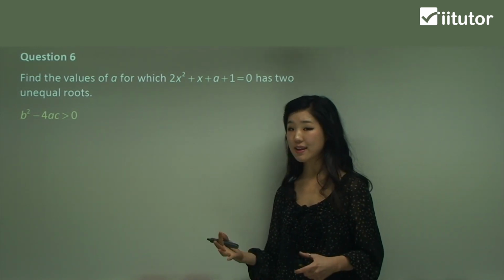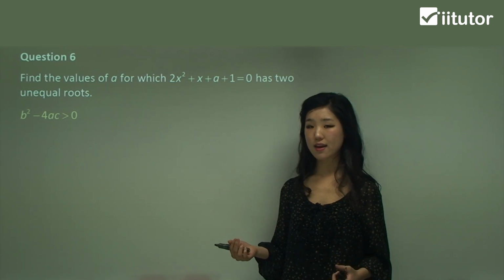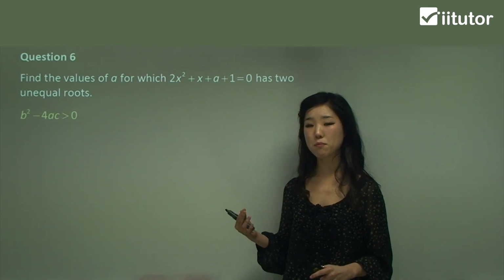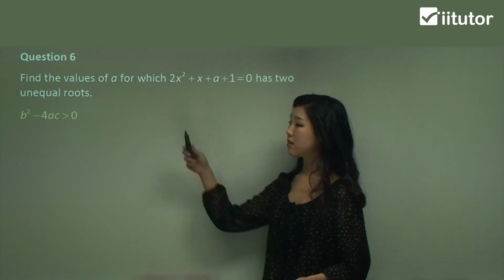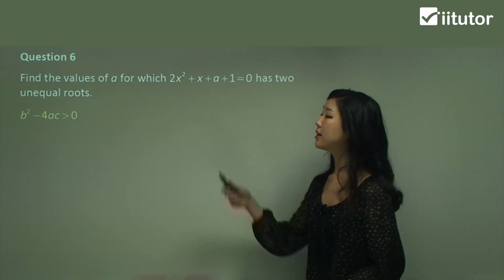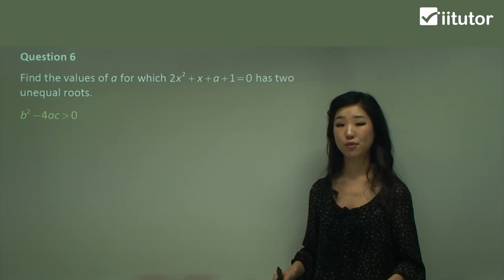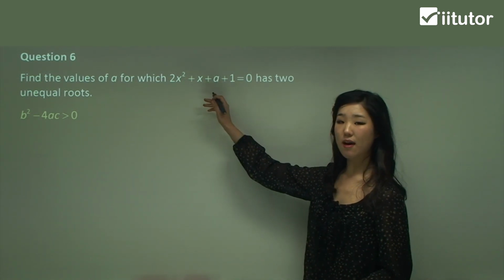For example, negative b plus root 10 divided by 2a is different from negative b minus root 10 divided by 2a, right? So the discriminant must be greater than 0, a positive number, to have two unequal distinct roots. Please remember that. Now have a look at this, guys.